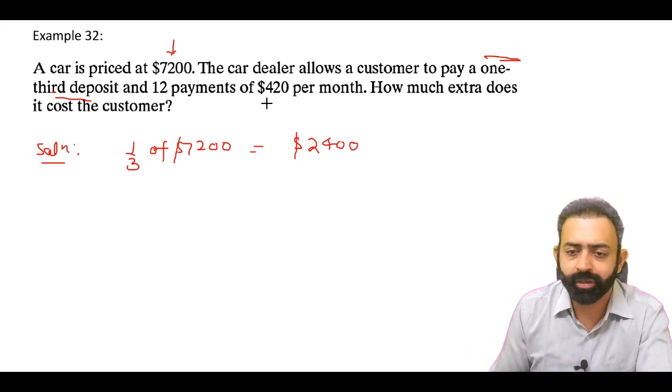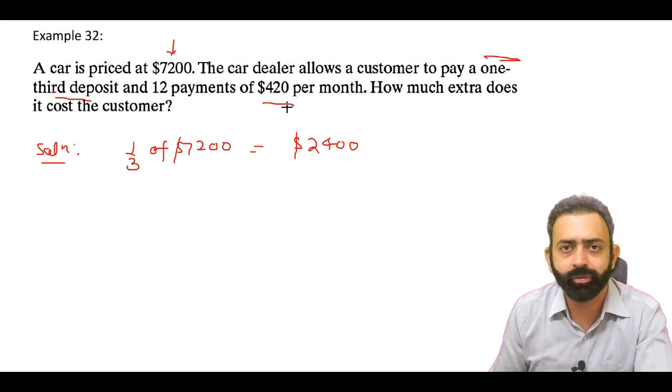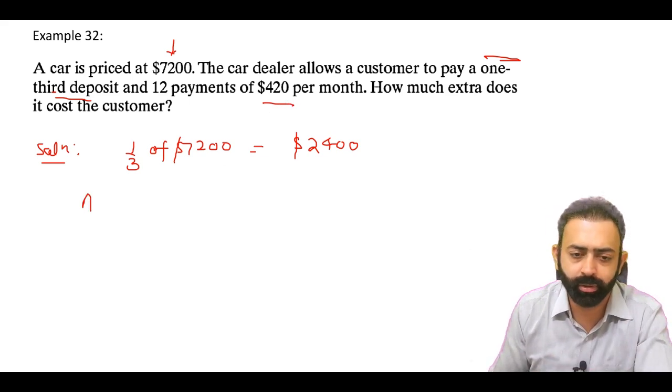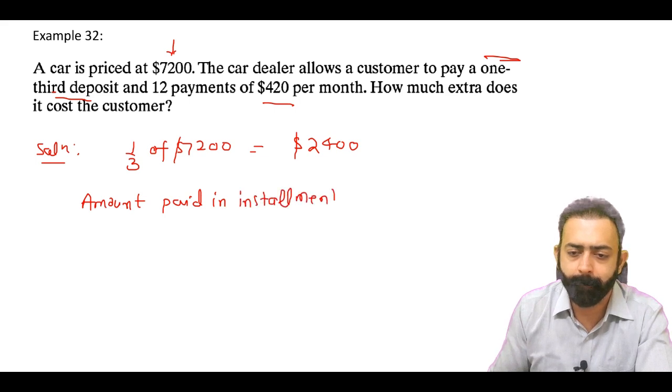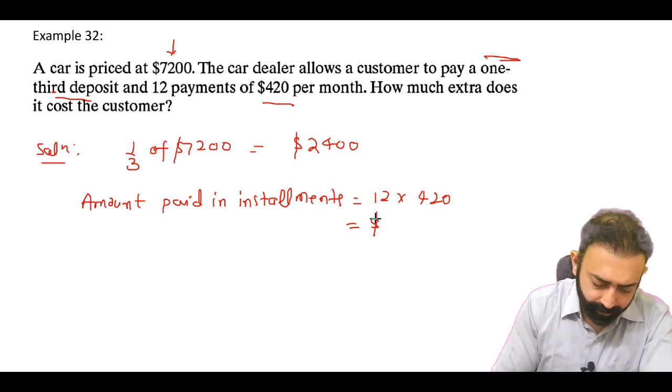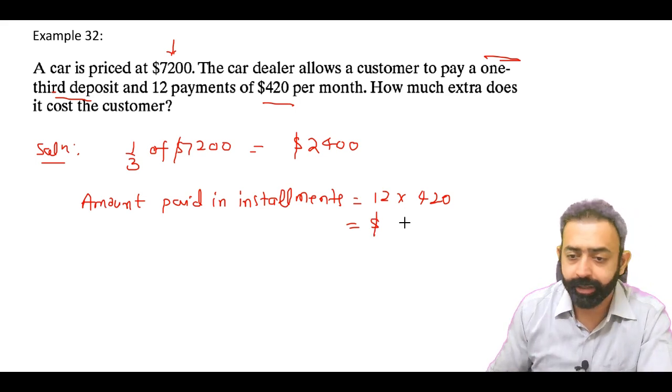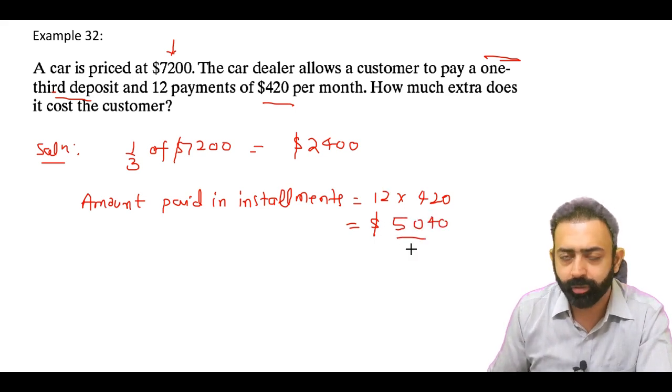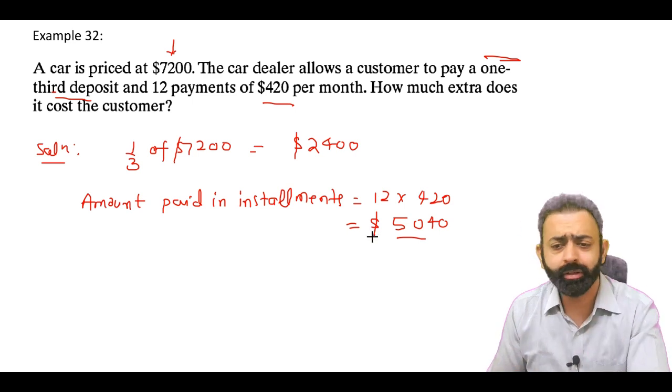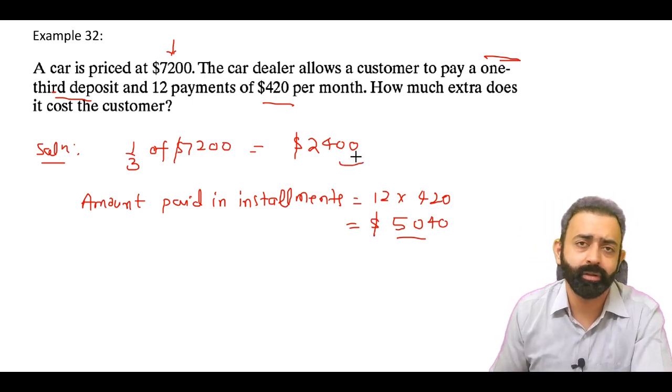Then he has to make $420 installments for 12 months, right? So the amount paid in installments is 12 multiplied by 420. This gives me 5,040. So this is the amount after 12 installments, and this is the initial amount in cash.